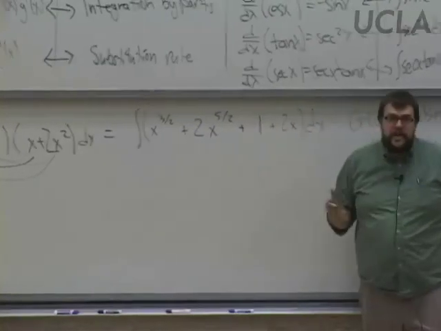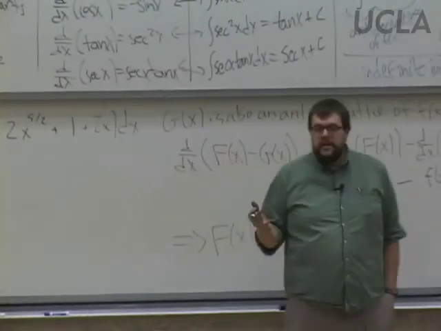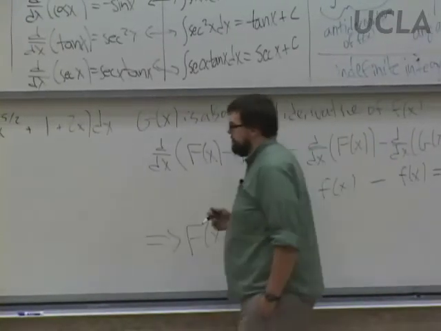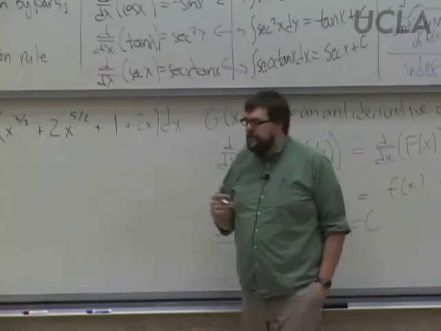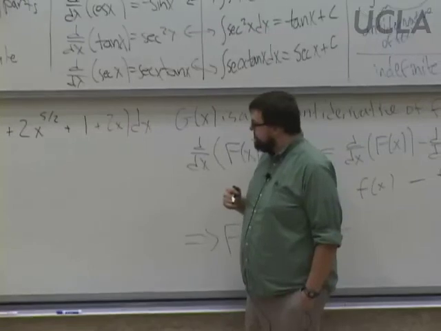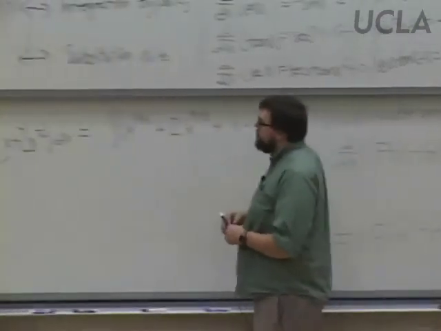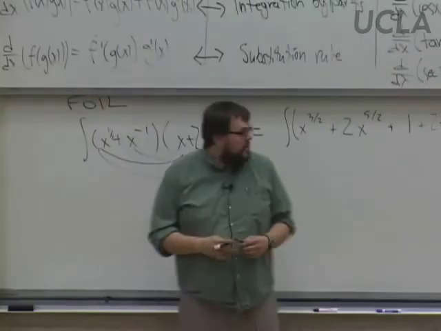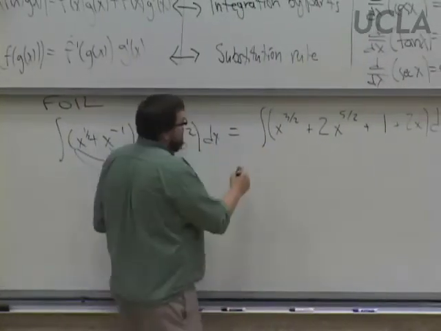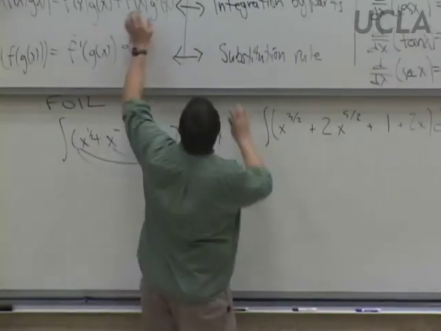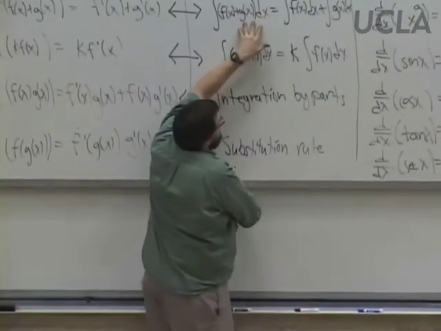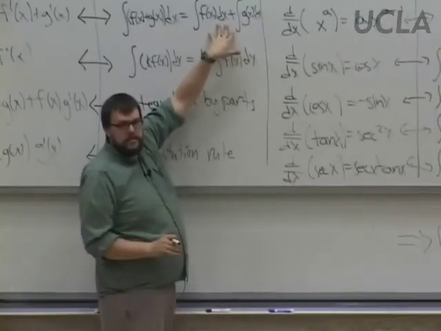Now, what we've done so far has nothing to do with anti-differentiation or integration. I'll probably start saying integration more than anti-differentiation. It's just easier. All we've done is rewrite it, but that's made it tremendously easier. Now I can use the rule that if I have things added together, I just do them separately.